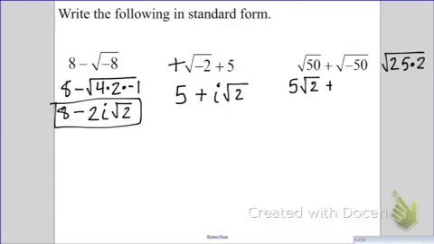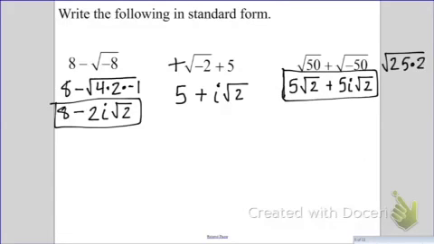Plus, next we have the negative 1. So basically, it's the same thing as this, but instead, there's a negative. So the 5 is going to come out, i for the negative, and square root of 2 here. So this is your final answer.